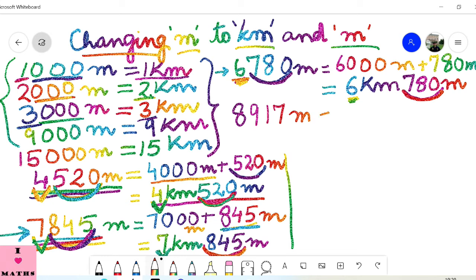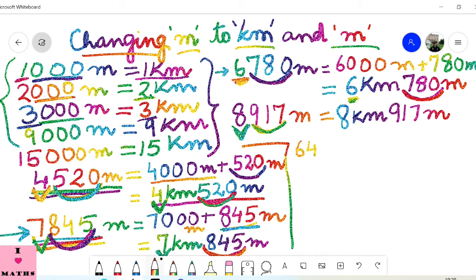8,917 meters. Now children, this is the meter portion and this is the kilometer portion. So I will write down, this is equal to 8 kilometers 917 meters. Okay, another example now. 6,425 meters. Now the number formed by the last 3 digits is the meter part, and whatever is remaining is the kilometer part.